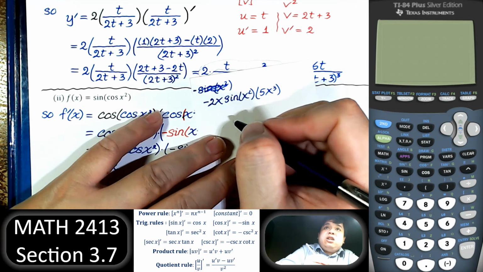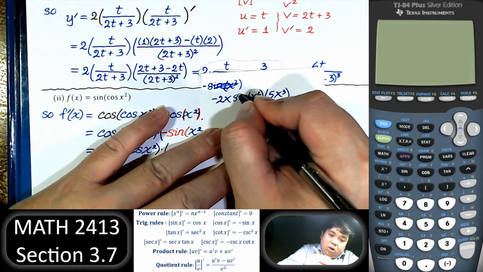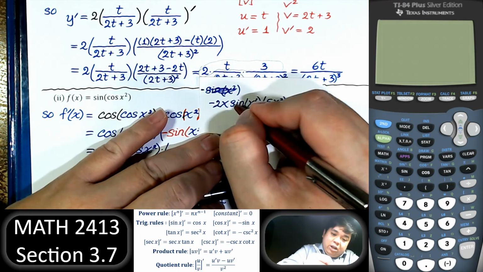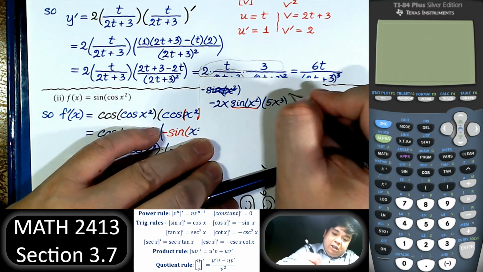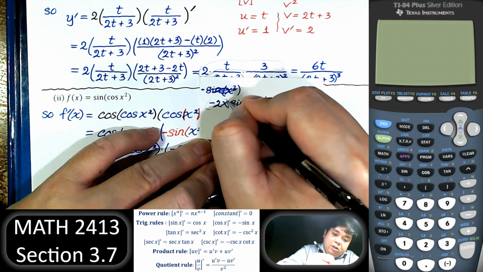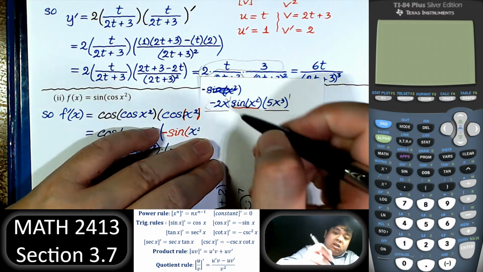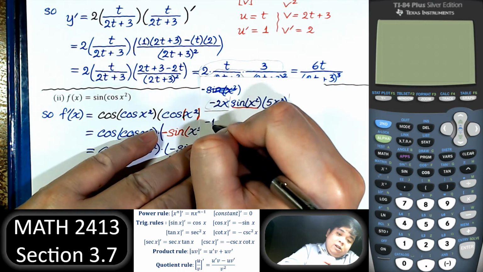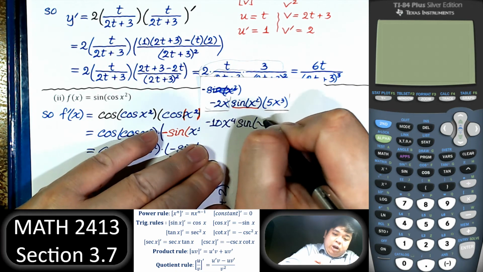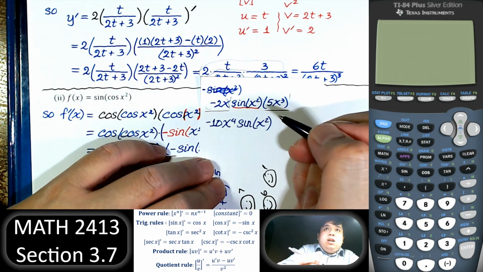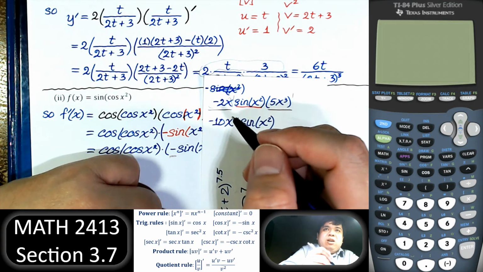When we see something like this, the x squared belongs to the sine, so we're not going to mess with the sine of x squared. This to the first power and this to the first power, we can combine them so that we don't need to write the parentheses. So that's negative 10x to the fourth times sine of x squared.